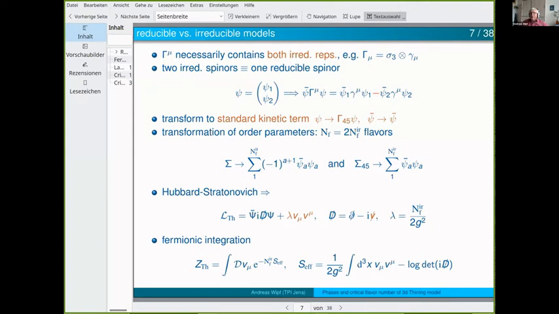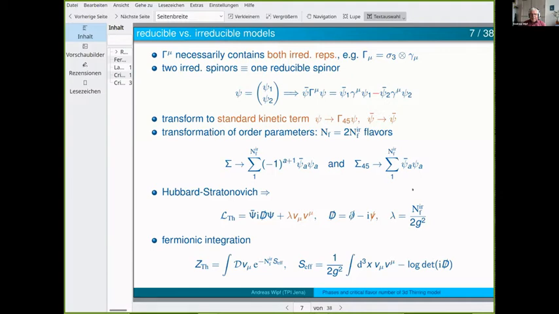Okay, now you can get rid of this minus and arrive at the standard kinetic term by making this transformation on the spinors. If you do that, then you get a standard kinetic term with a plus sign. But the condensate psi bar psi goes into the staggered condensate, and the previous staggered condensate goes into the usual condensate you would write. Okay, this actually explains this mismatch between scalar and pseudoscalar in the 2 models, seemingly.